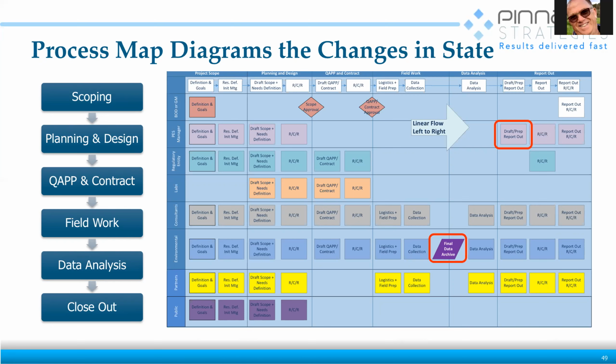There's a decision there, a change in state, another decision there, a change in state there. So from the process map, it's clearly defined when things change from one thing to another.